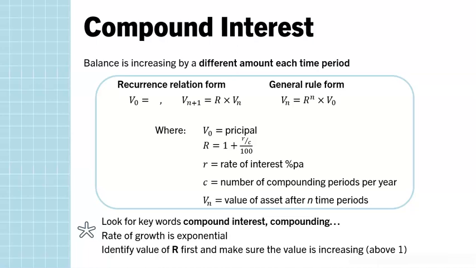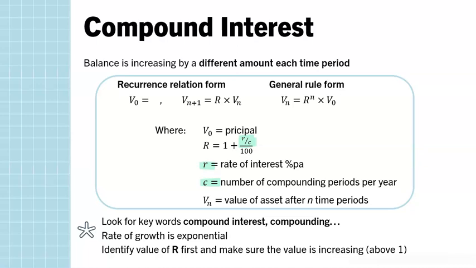Note that we are sometimes talking about a rate per annum that is being compounded multiple times per year, so we're using that little c to represent the number of compounding periods per year. It's very clearly stated in a question. And Vn is the value of that asset, loan or investment after n time periods.